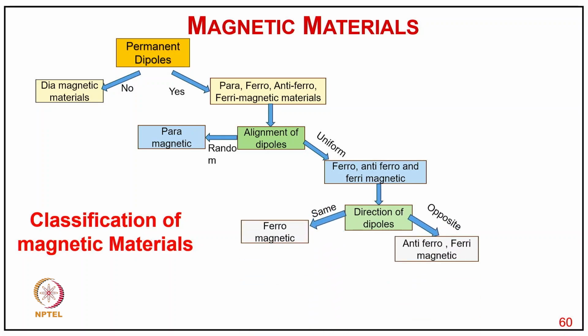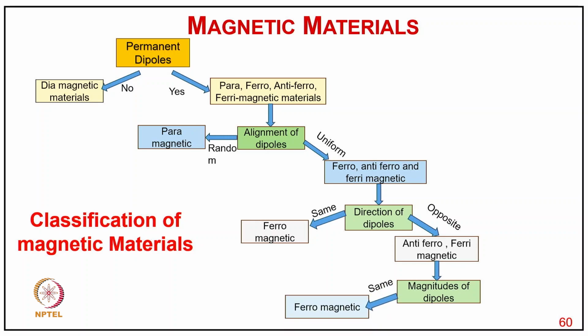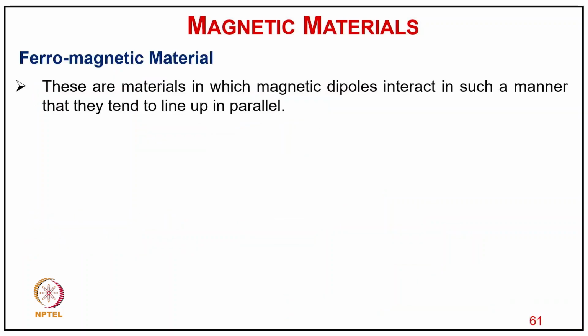If they are opposite, we call it anti-ferromagnetic. Then the magnitude of dipoles, if they also go in the same direction, is ferromagnetic, and if different, we call it ferrimagnetic. So these are the classifications of magnetic materials. Ferromagnetic materials, which are much used in electromagnetic machines, are materials in which the magnetic dipoles interact in such a manner that they tend to line up in parallel.